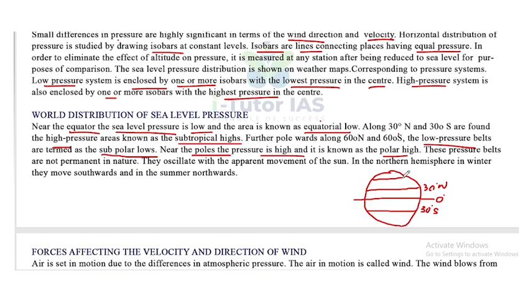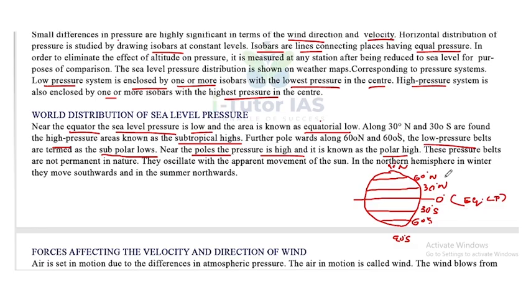Now 60 degree north. This one 60 degree south. This is 90 degree north and here 90 degree south. So this is known as equatorial low pressure.